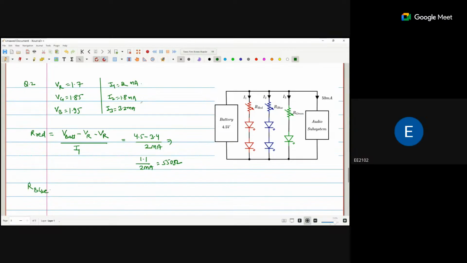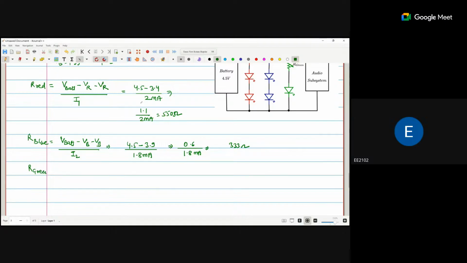R blue is (V bat minus VB) upon I2. That is (4.5 minus 3.9) divided by 1.8 milliamp. So 0.6 divided by 1.8 milliamp. So it is 330 ohm.